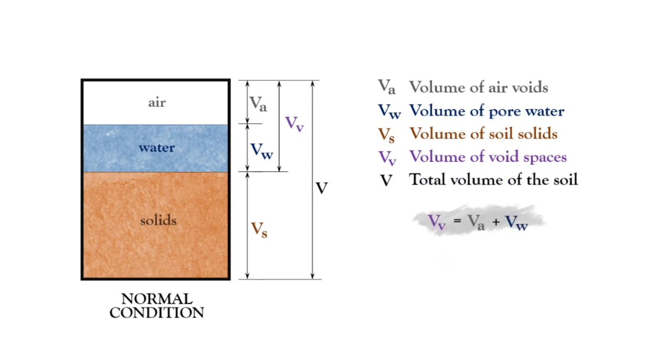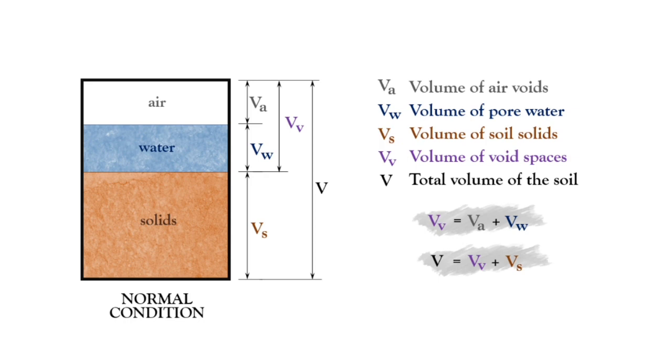By expression, that is, the volume of the voids plus the volume of the soil solids is equal to the total volume of the soil, where the volume of the voids could either be the sum of the volume of the air and the water, or air alone or water alone. So it depends on the condition of the soil. But for the normal condition, the volume of the voids is the sum of the two components, air and water.